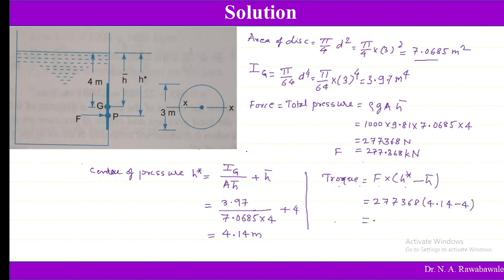So this torque we get as 38,831 Newton meter. This much torque, 38,831 Newton meter, in the opposite direction is required to maintain the disc in vertical position.